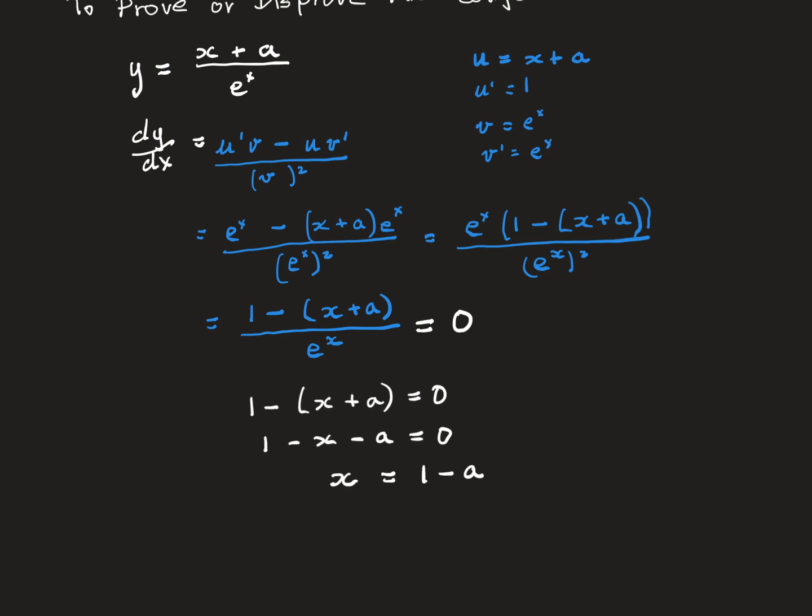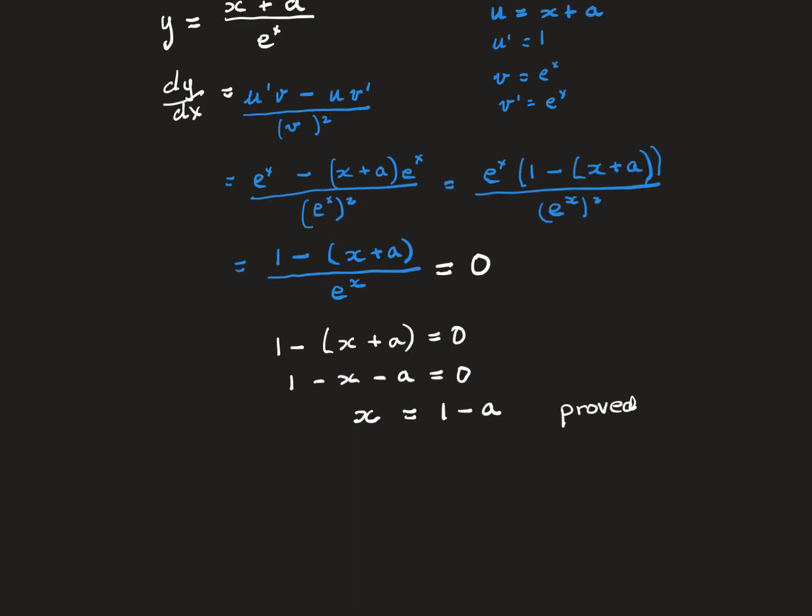So we have proved our conjecture. And so if you didn't come up with the conjecture, you can now go back to that question and put that your conjecture was that x is equal to 1 minus a.